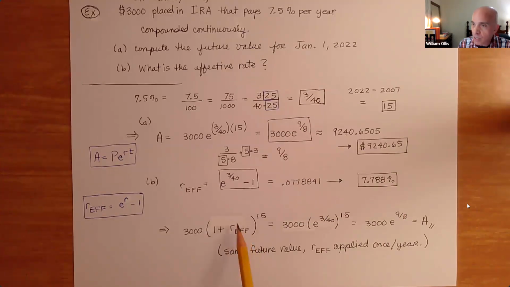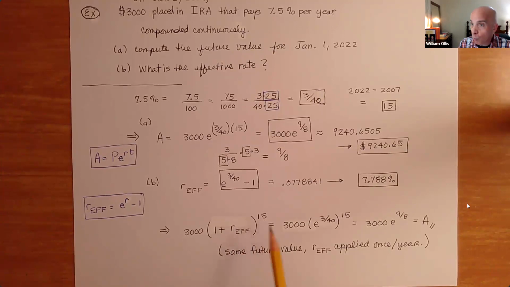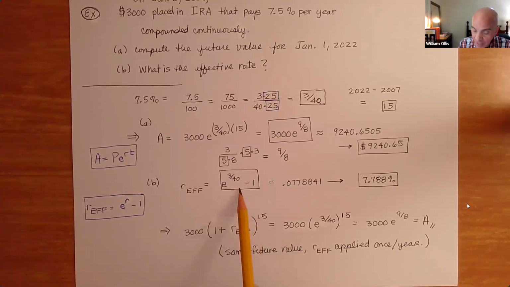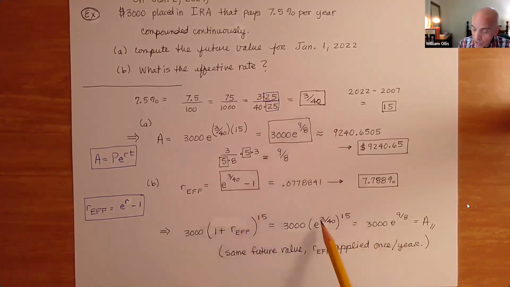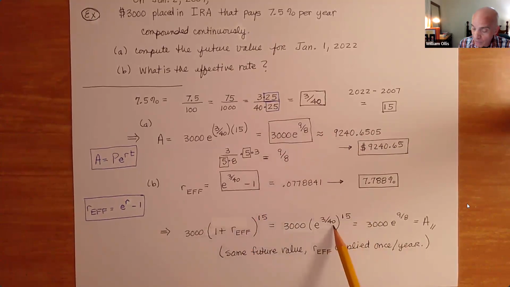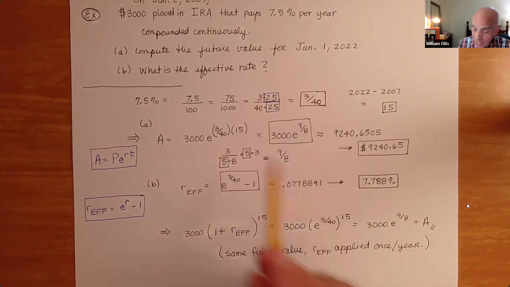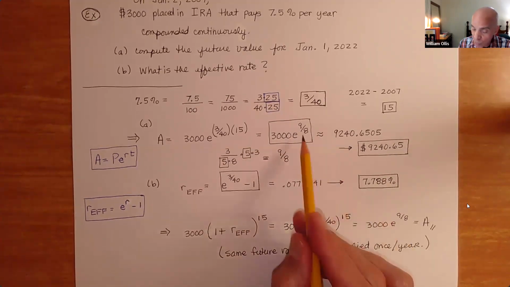What replaces the r over n is just the effective rate. We apply it for 15 years, once a year. And so we just simply replace this in the equation, the ones cancel, and we're just left with what we thought we would get. This rate here, e to the 3/40. And of course, when we multiply by the 15, we just get the 9/8 as we have here.